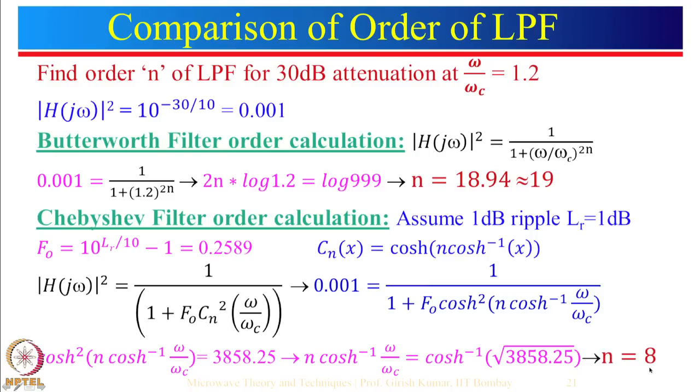If we use n equal to 8, that means total number of inductors and capacitors required will be only 8. Here total number of components required will be 19. So, you can say that the cost of this particular thing will be much larger, even the circuit realization will be larger. So, in the next lecture, I will show you what is the response of these two filters.